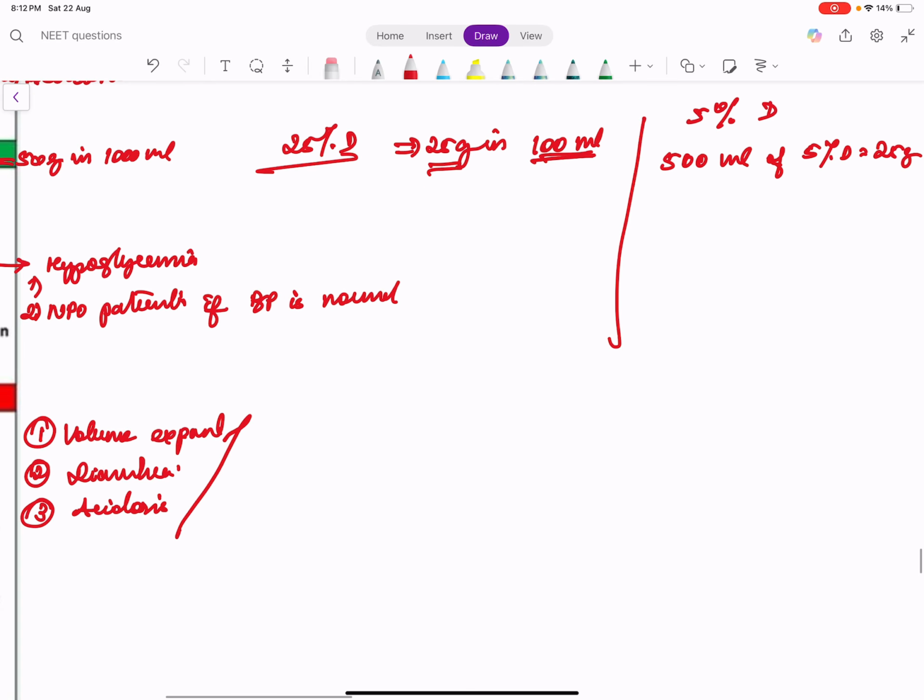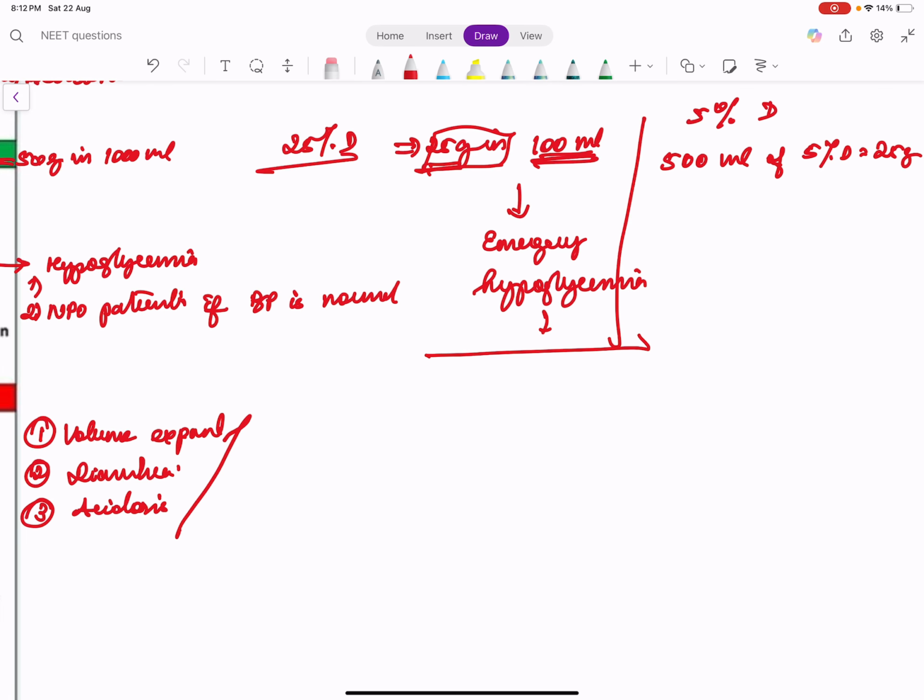A 100 ml bottle of 25% dextrose also has 25 grams of glucose. But this 25% dextrose is given in emergency conditions having hypoglycemia. Why? Because a small volume can be given faster, so it can treat.